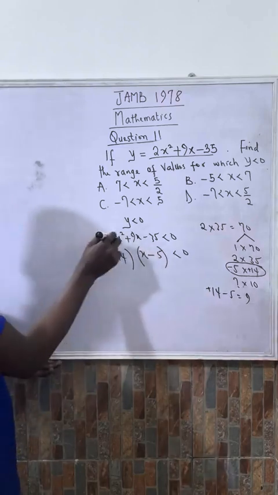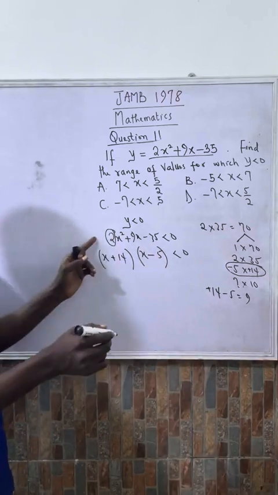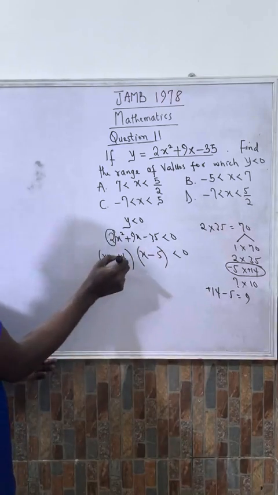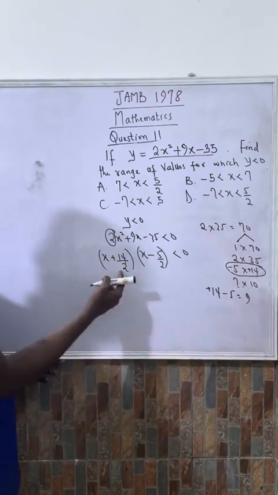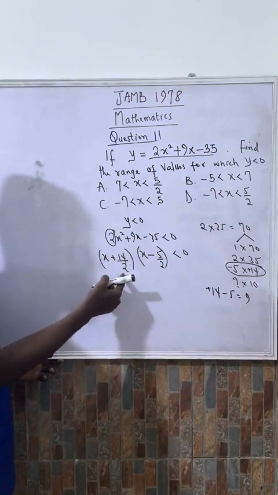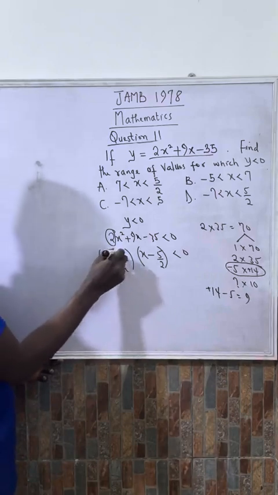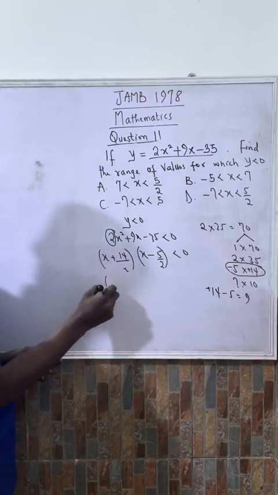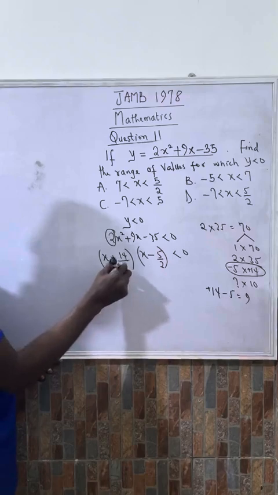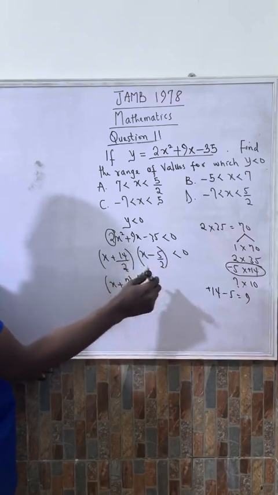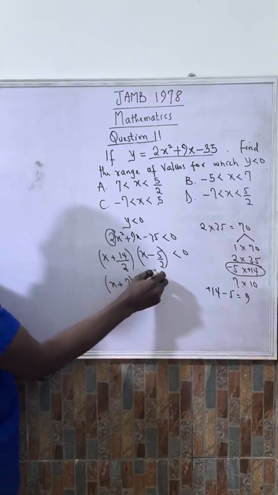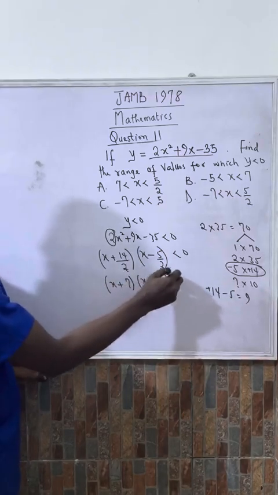Don't forget we have a leading coefficient, which is 2, so I have to divide both by 2. You can see that 14 divided by 2 will give me 7, so I write x plus 7. But the 5 over 2 cannot reduce, that's the lowest term. Less than 0.